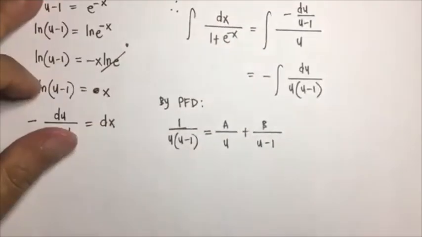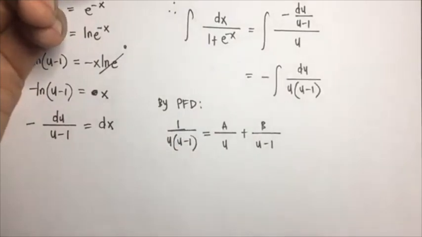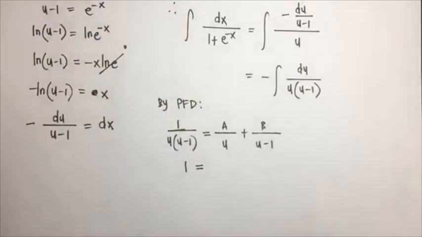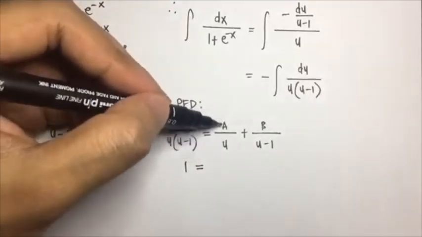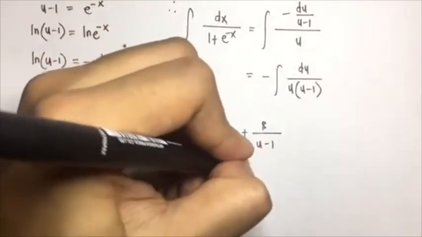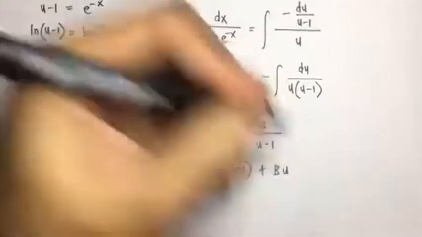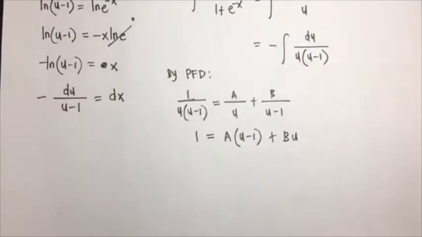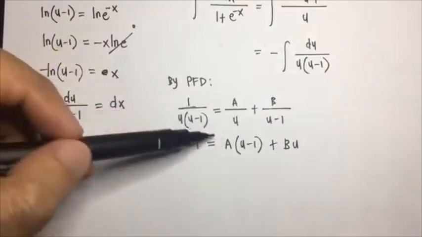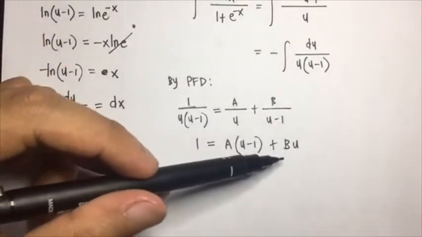From your integral calculus, cross multiplying that, you will have 1 is equal to a times u minus 1 plus b times u. Since these are distinct linear factors only, we can substitute values for u so that we can solve for a and b.